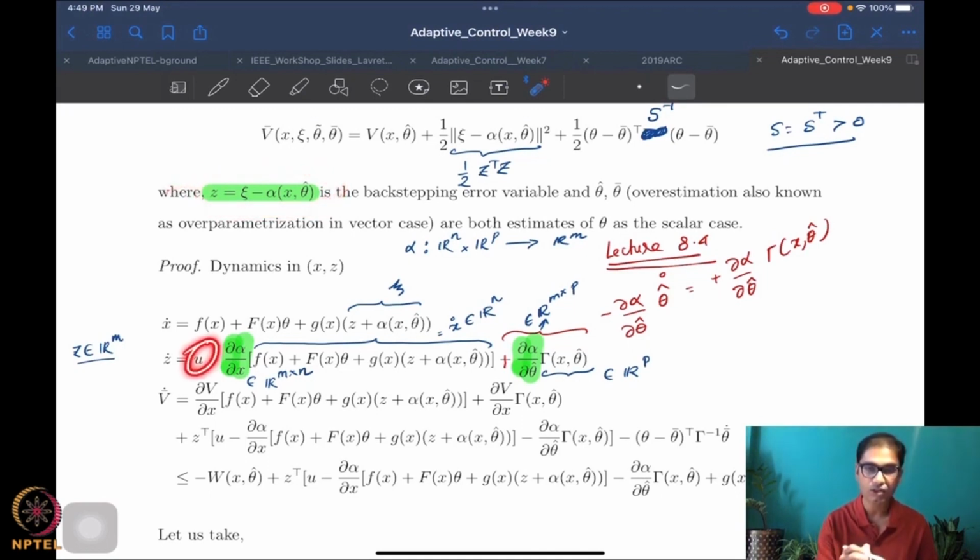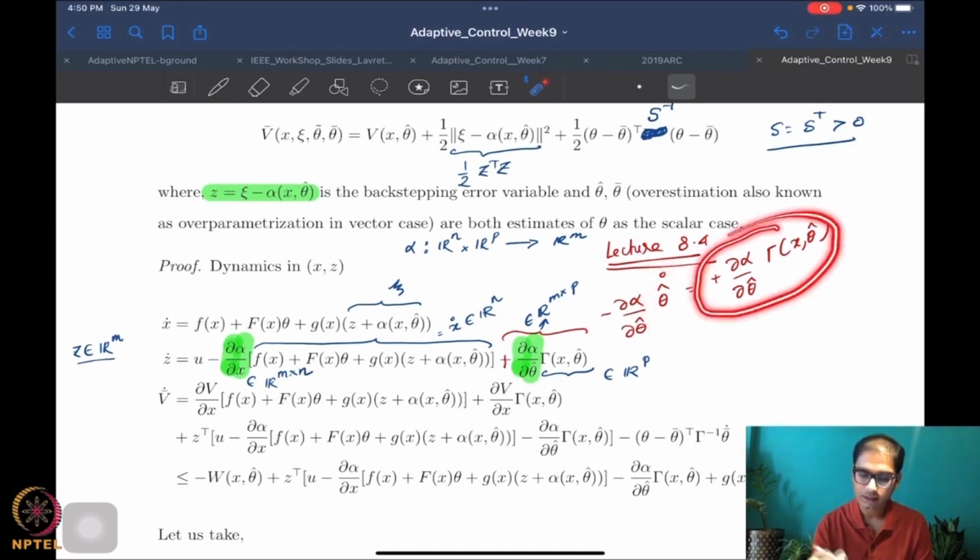So psi dot is just the control, and the derivative of alpha has two pieces because it depends on two different quantities, right? So this is u minus del alpha del x times x dot, which is essentially this guy plugged in, and del alpha del theta cap times theta cap dot, and that is this with a plus sign. So that's what you have here. Okay, that's what we verified here, because theta cap dot is minus theta tilde dot, and that gives me the plus sign.